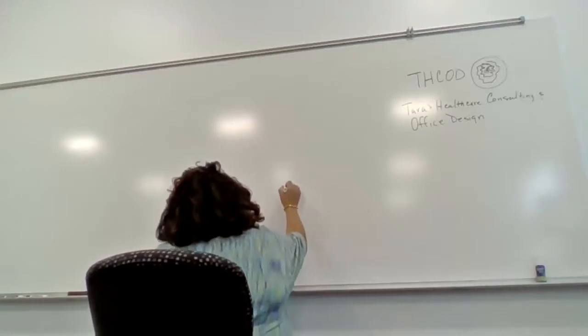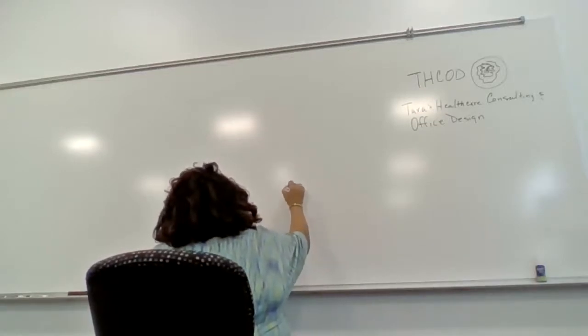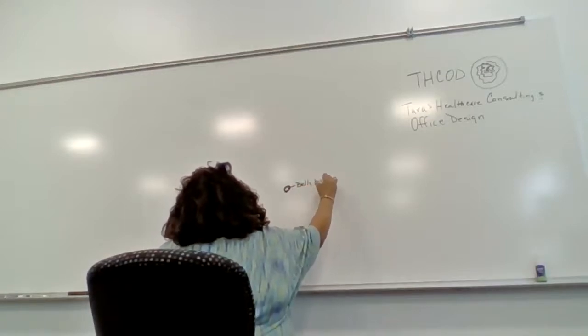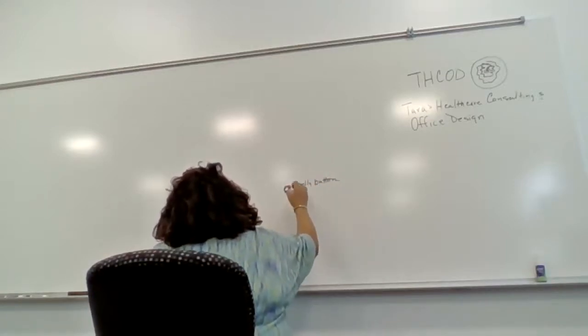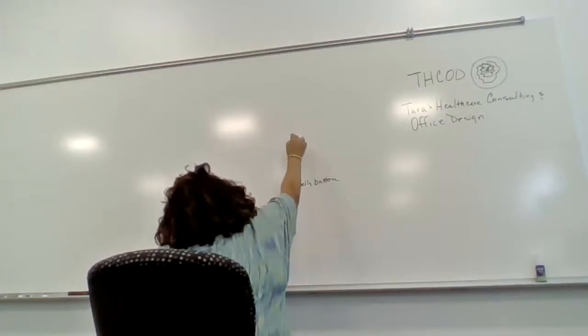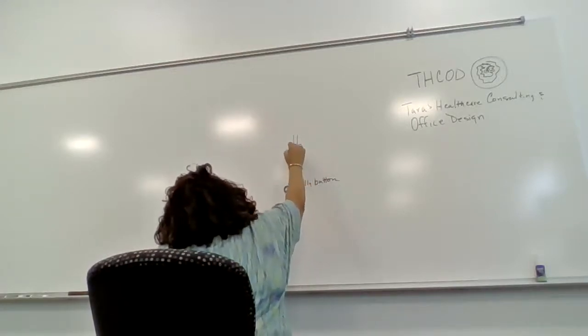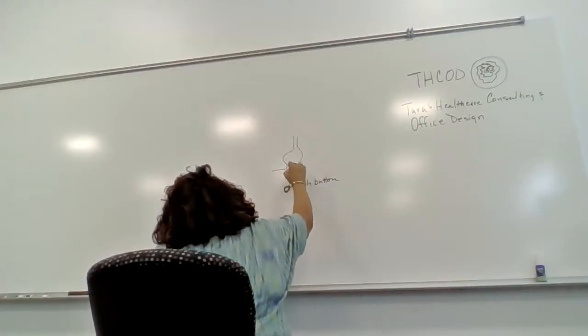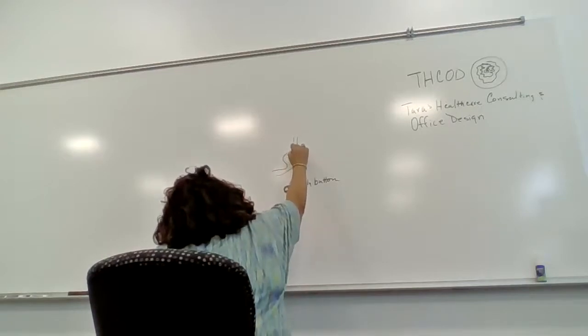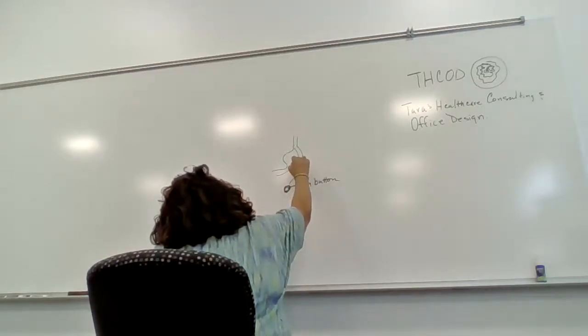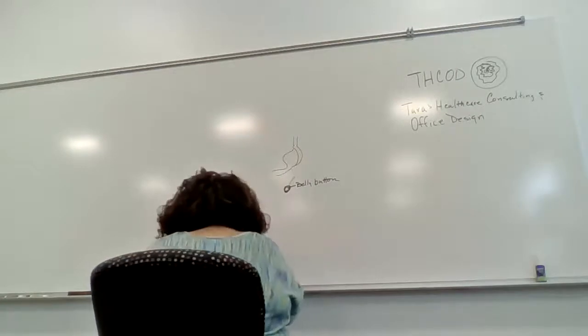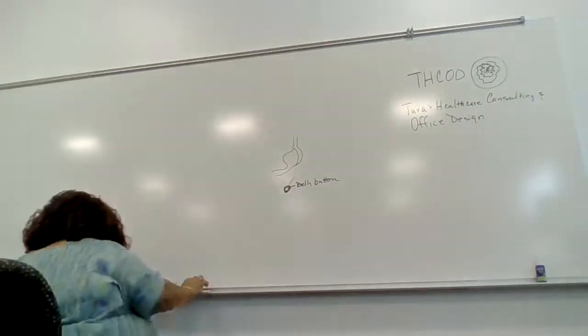So one opening, this belly button. This is a belly button. I'm talking about me, by example. He went in and he removed 75% of my belly. So this portion got cut.